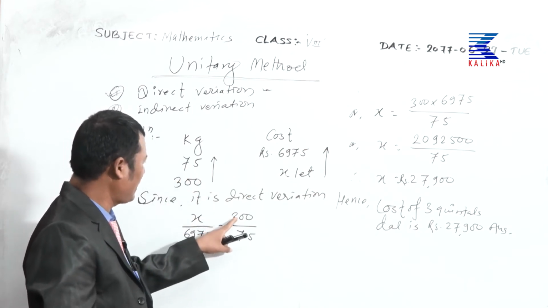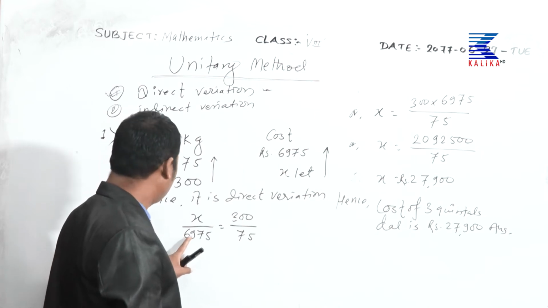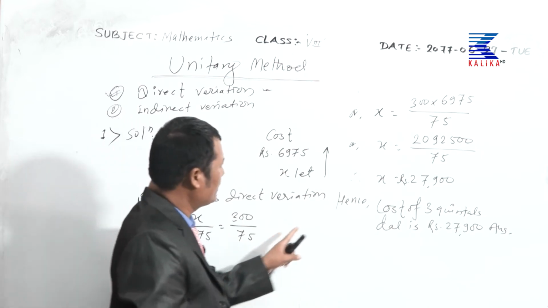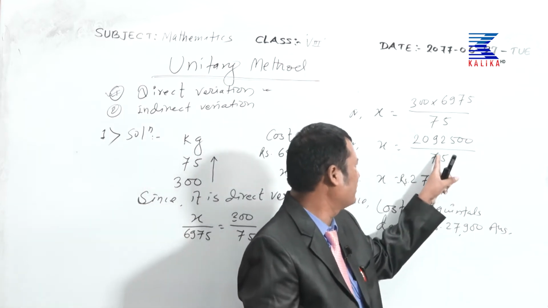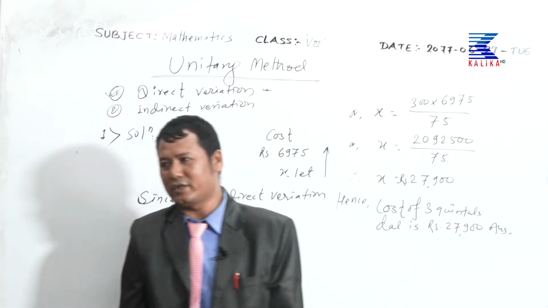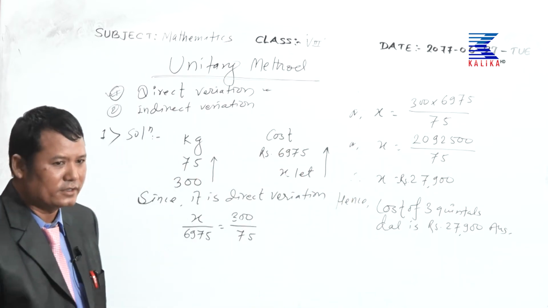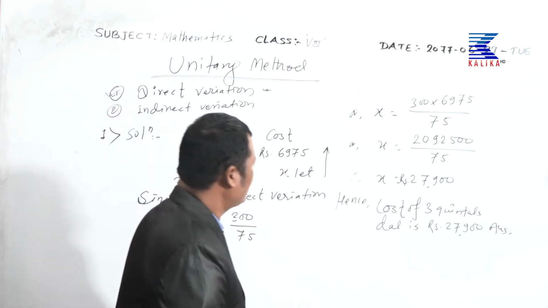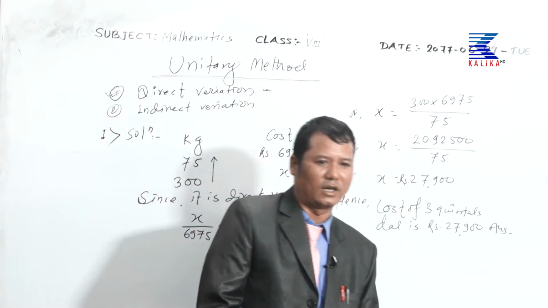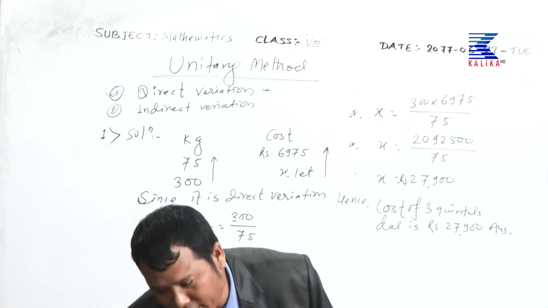Then cross multiply, 300 into 6975 upon 75, multiply and divide by 75, 27,900 is the required answer. It is the cost of 3 quintals of dal. And next problem please.